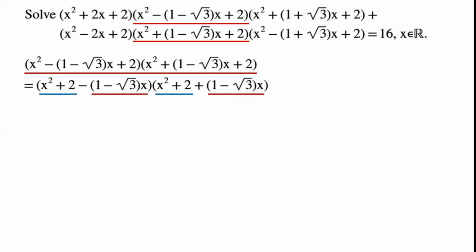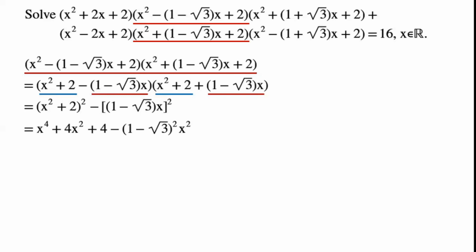We can see that both parts of the algebraic expression have x squared plus 2, and one has minus 1 minus root 3 times x, whilst the other has 1 minus root 3 times x, which can be written as x squared plus 2 all squared minus 1 minus root 3 times x all squared.